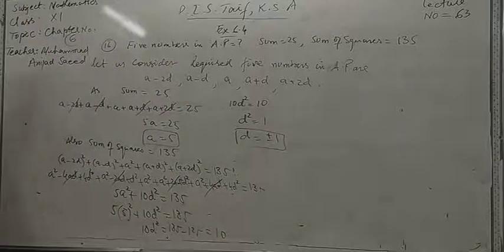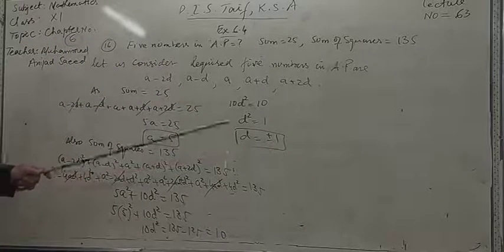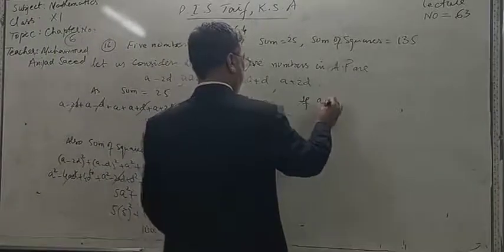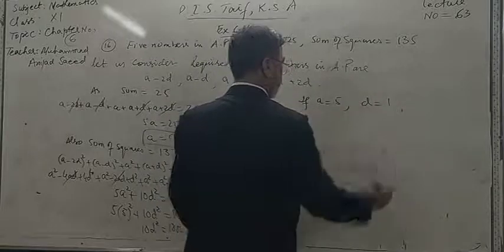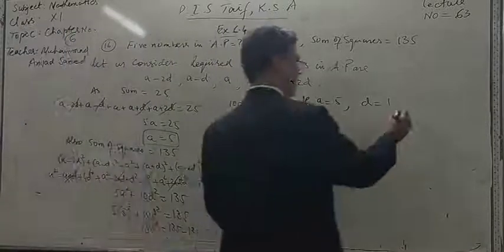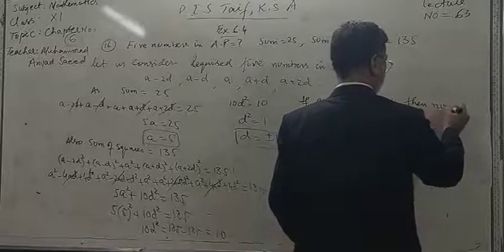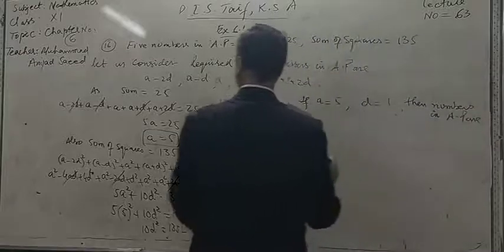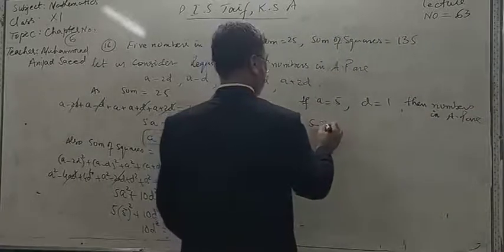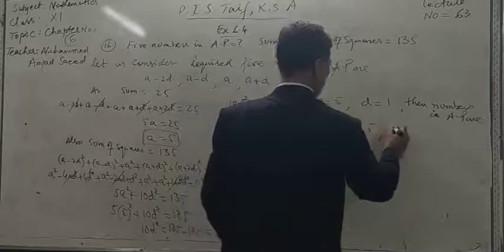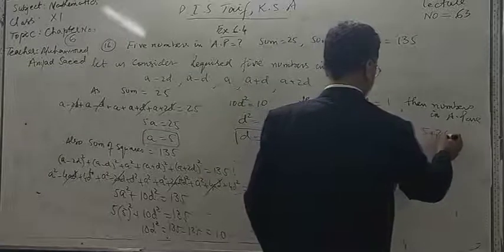Dear students, these are the possibilities for D, that it may be plus 1 and minus 1. Now, if A is equal to 5 and D is equal to plus 1, I am taking the first possibility. Then the numbers in AP are 5 minus 2 into 1, 5 minus 1, 5, 5 plus 1, 5 plus 2 into 1.